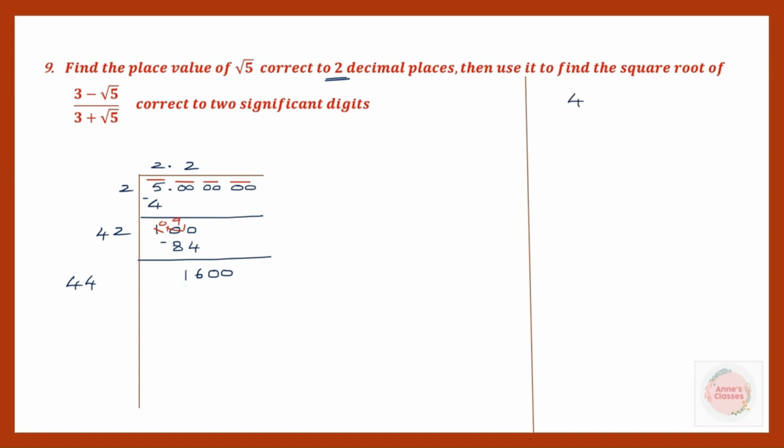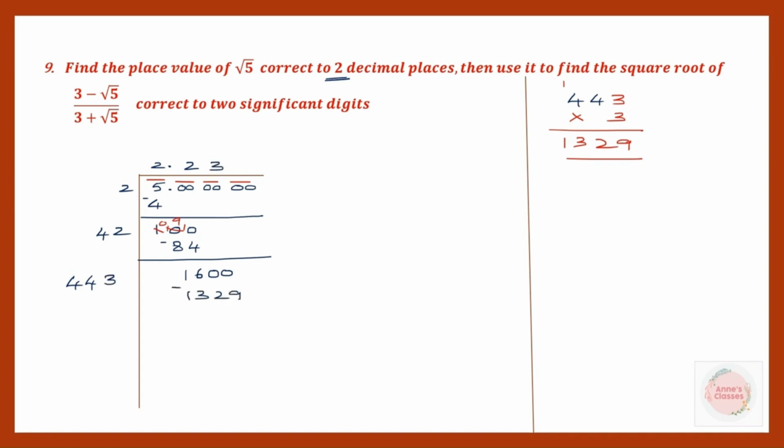So let's write 44 and put the digit 3 next to it and multiply it by 3. 3 3's are 9, 3 4's are 12, carry 1, 3 4's are 12 plus 1, 13, 1329, that's close to this. So let's write 3 next to 44.